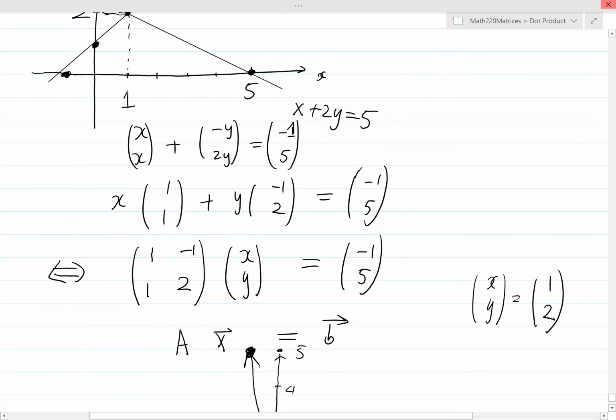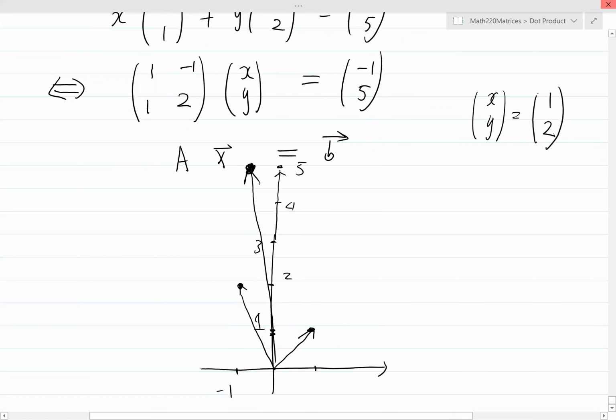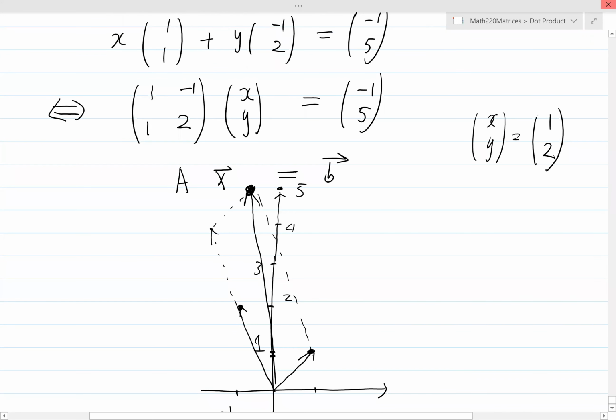You check it works. This means we need one multiple of the vector (1, 1) and two multiples of the other vector, and they sum to the vector (-1, 5).